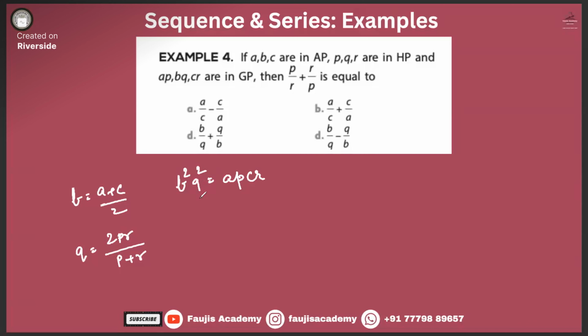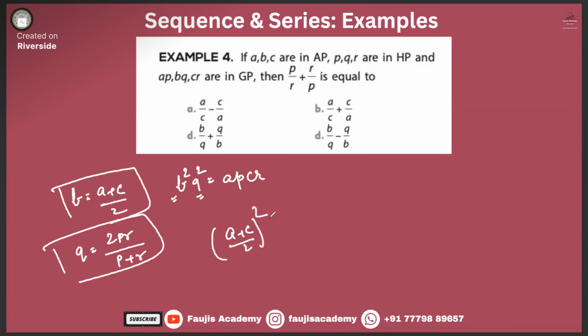Now, over here, B is there, Q is there. We got the value of B and Q. B square, A plus C by 2 whole square, into Q square, 2PR divided by P plus R whole square, is equal to APCR.